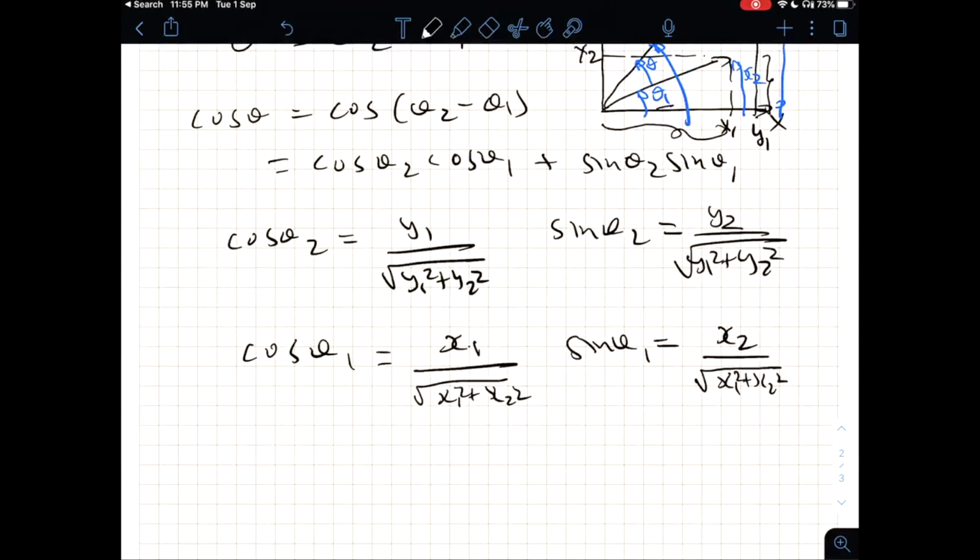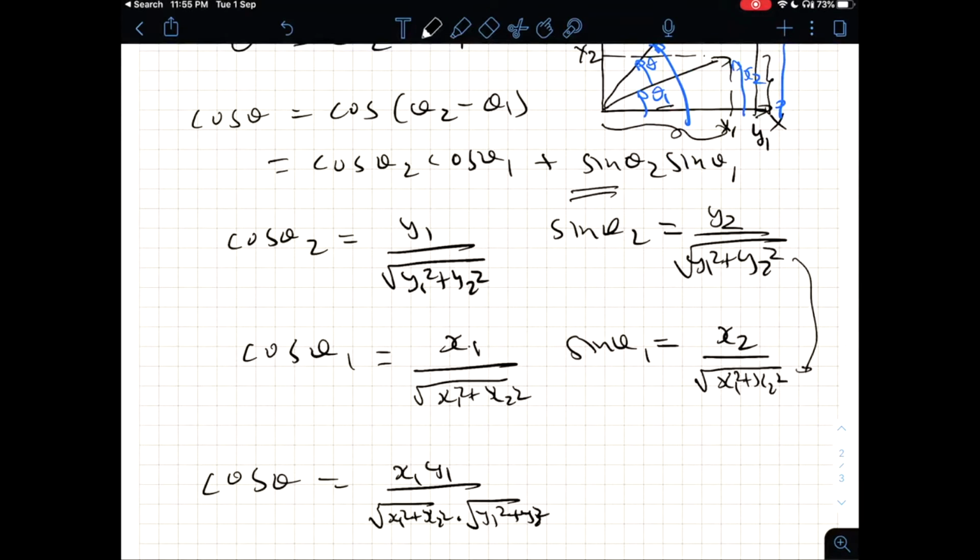So you substitute these in here, and what do you get? Cos theta 1, cos theta 2 product: numerator will come x1 y1, denominator will come as under root of x1 square plus x2 square times under root of y1 square plus y2 square, and then sine theta 1 sine theta 2.